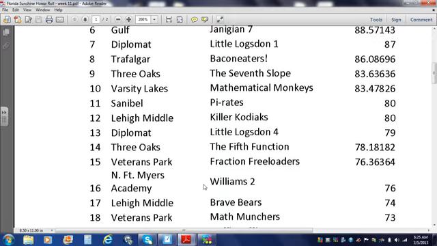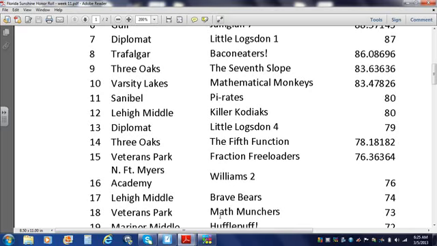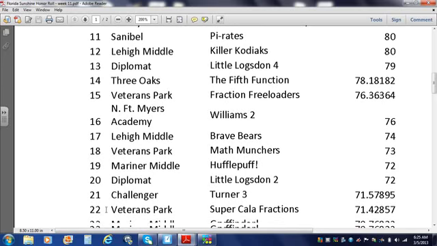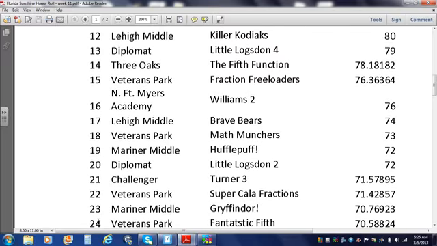Let's see what else we have here. Ooh, a Math Munchers sighting at number 18. Nice job. Wow, look at that. Supercalifractions coming in at number 22. Way to go, baby.